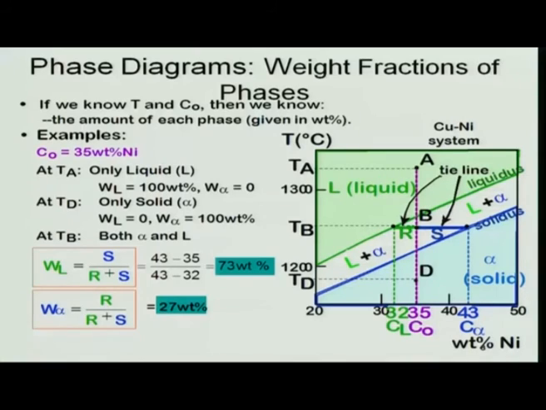So liquid percentage is the opposite arm, S divided by R plus S, and if you do that, that is 43 minus 35 divided by 43 minus 32, which gives you 73 weight percent. Similarly, the weight percentage of solid alpha is R divided by R plus S, the opposite arm, which is 35 minus 32, that is 3, divided by 43 minus 32, that is 11, 3 by 11, which is nothing but 27%.